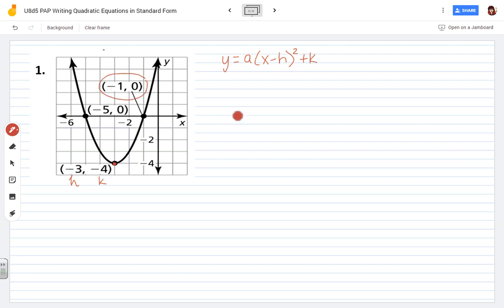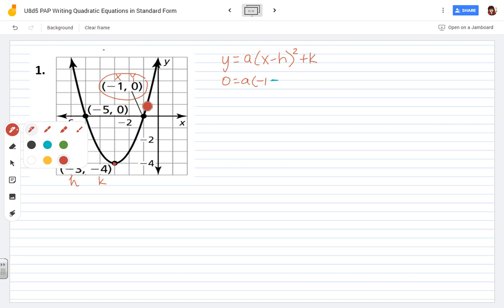So let's try it. I'm going to go ahead and write down x and y. Okay, so let's plug in everything. Y, of course, is 0. A, I don't know what a is. X is -1. Now keep in mind, we have a minus that was already there, right?